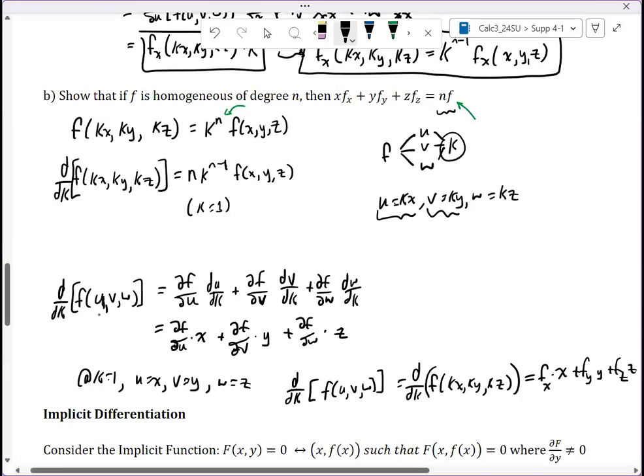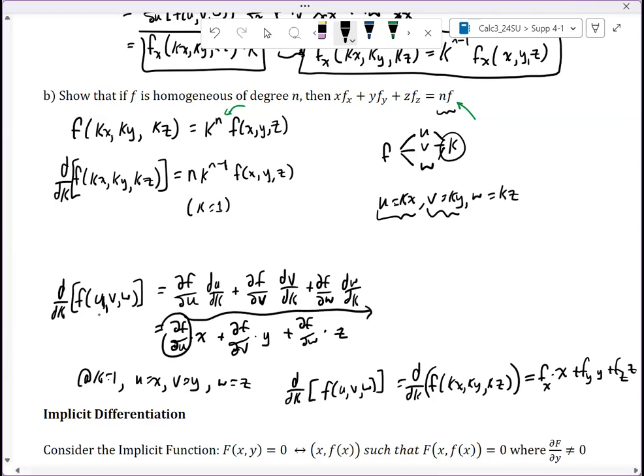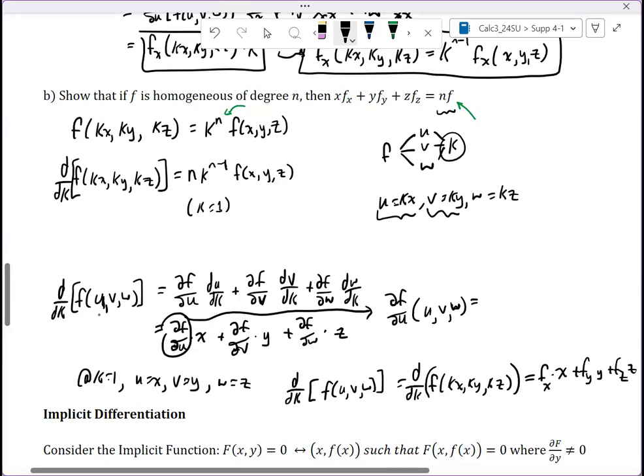One little side note, when I say something like partial f with respect to u here, I'm thinking of this as being evaluated at u, v, w. Or in other words, it's partial f with respect to u of (kx, ky, kz).